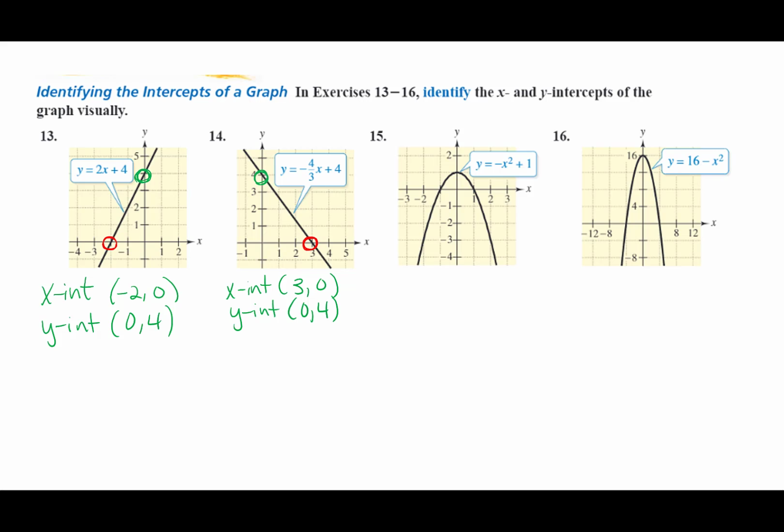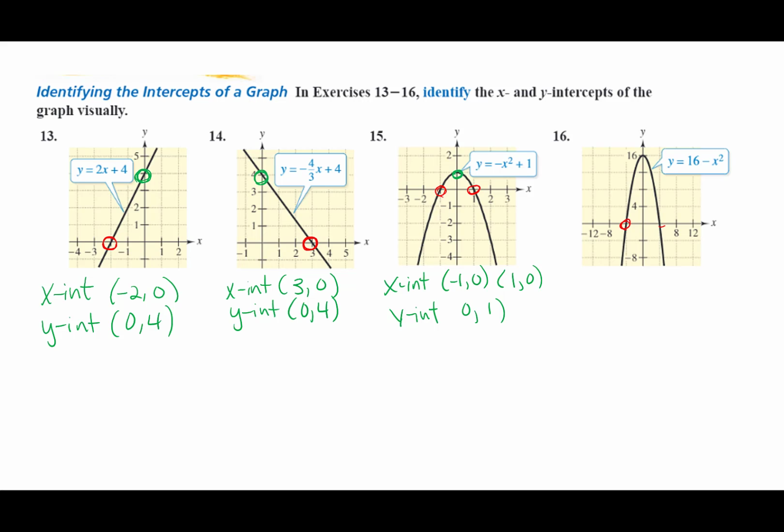Take a look at 15. There are 2 x-intercepts that I have circled in red, and then 1 y-intercept. So for the x-intercepts, we have one at -1, 0, another one at +1, 0, and then our y-intercept is at 0, +1. 16 is just like 15.